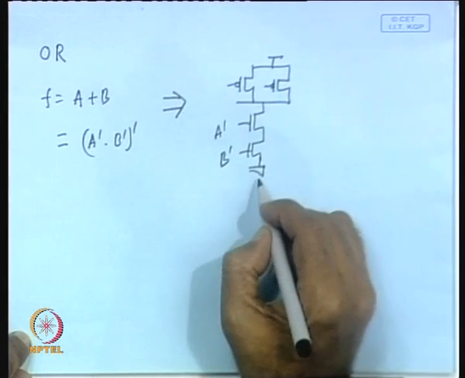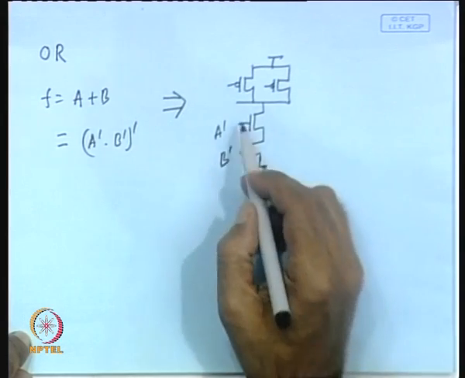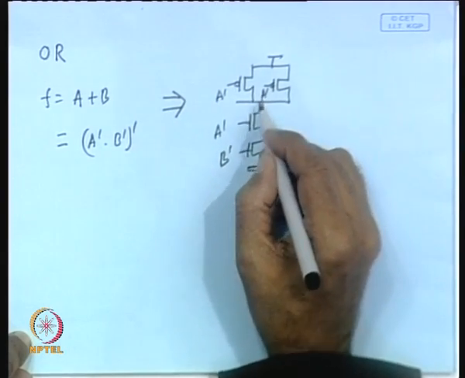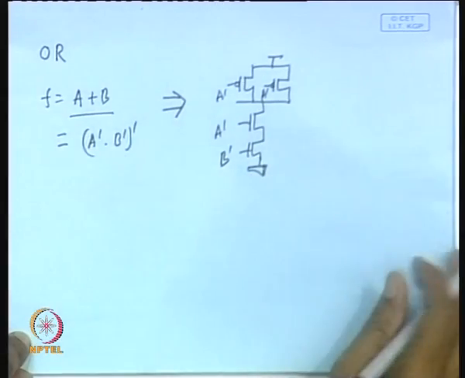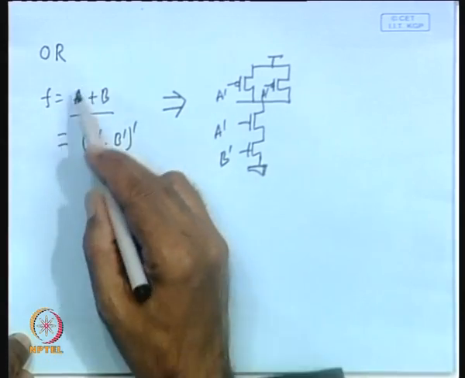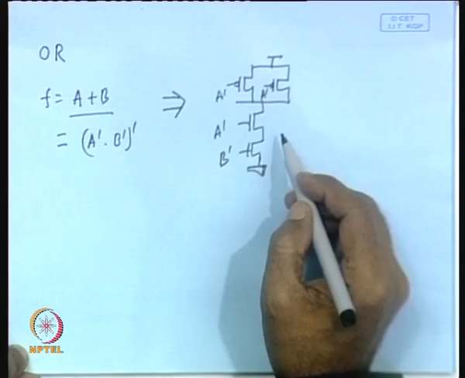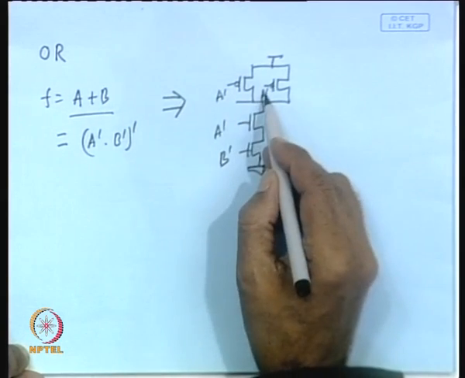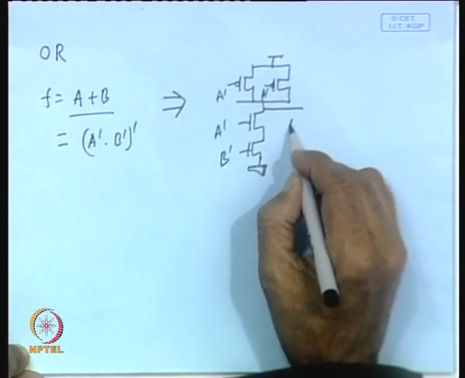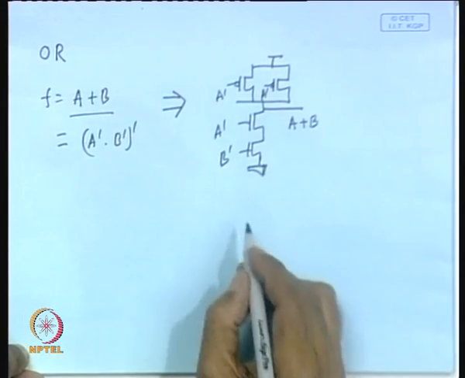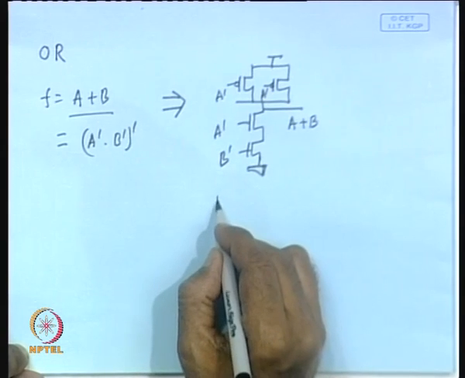So, we find that in this particular case also you are applying complemented inputs, because this is a positive unit function. A positive unit function cannot be directly realized by a CMOS gate. So, you have applied complemented inputs to realize the OR function. Of course, you can realize it in a different way, as I have already told.